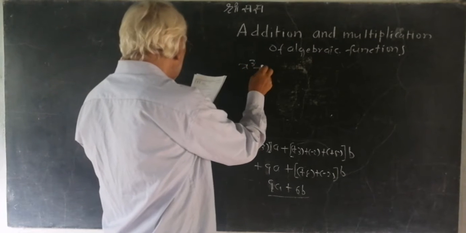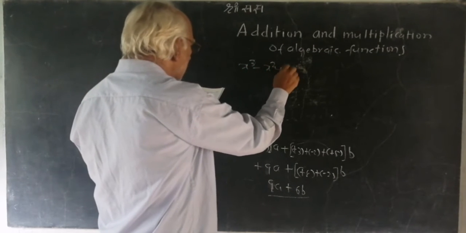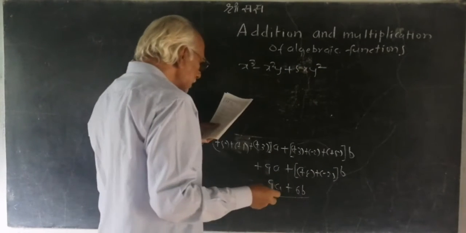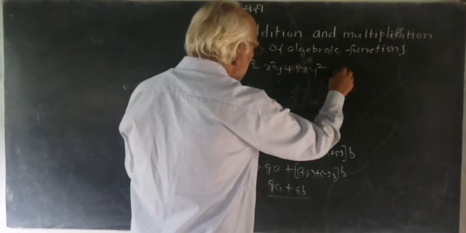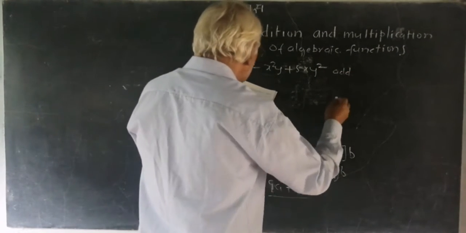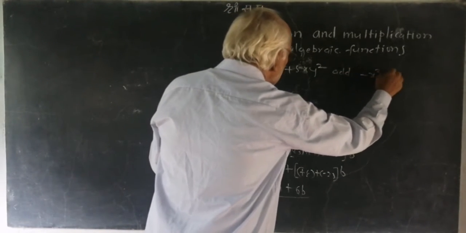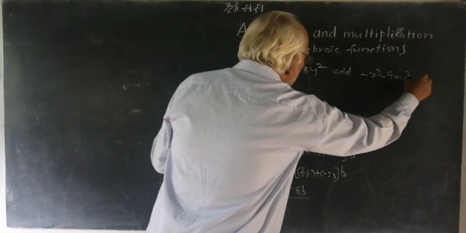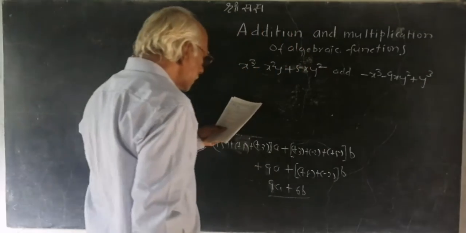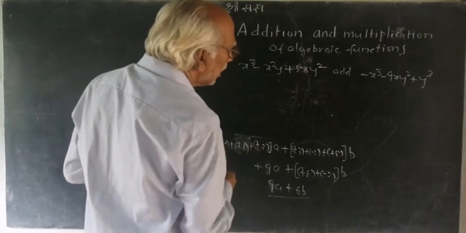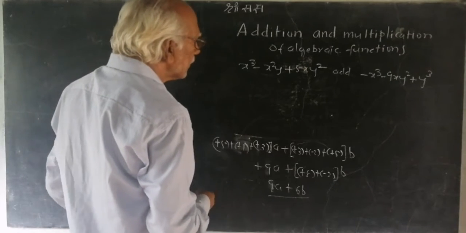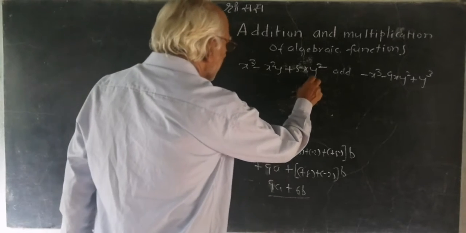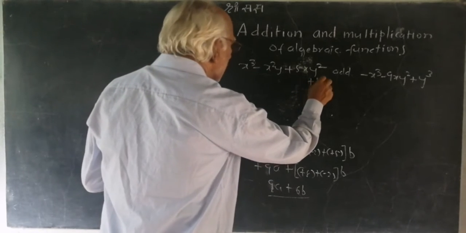x cube minus x square y plus 5xy square, then add minus of x cube minus 9xy square and then plus y cube.